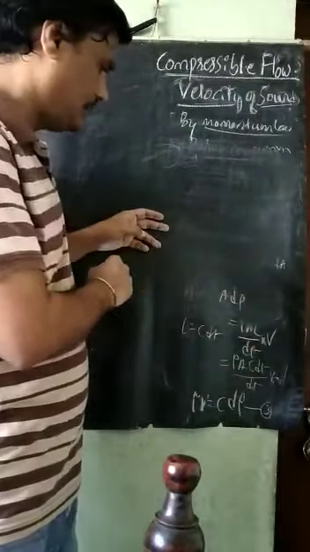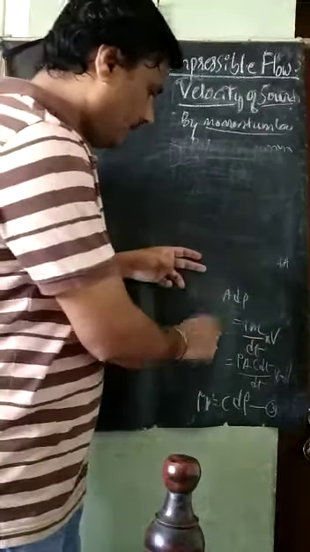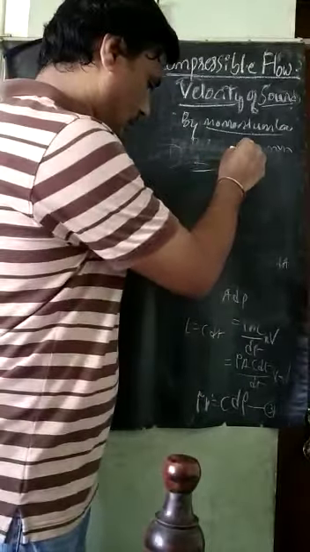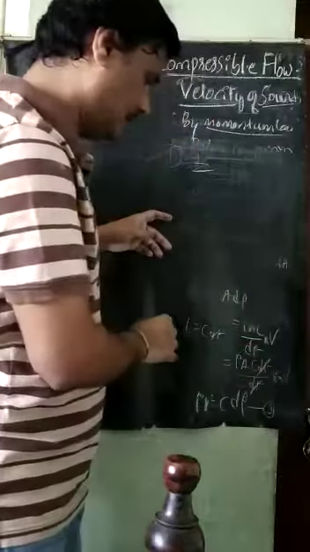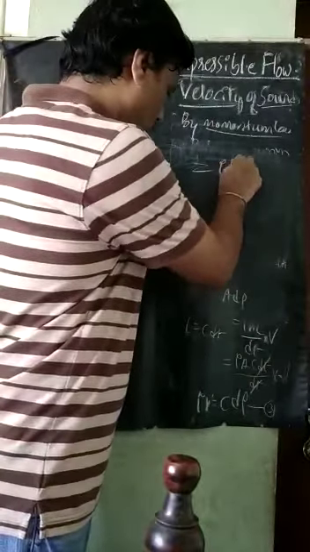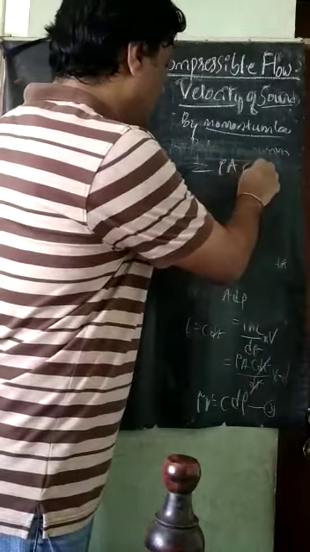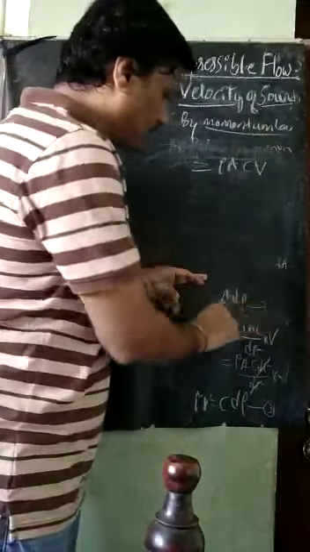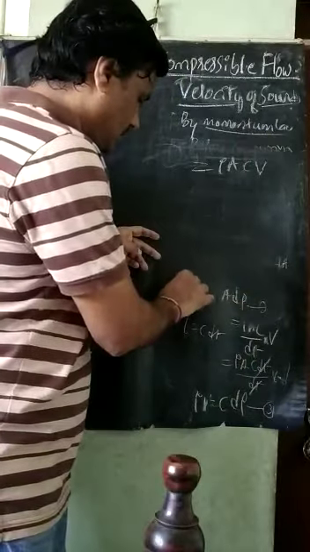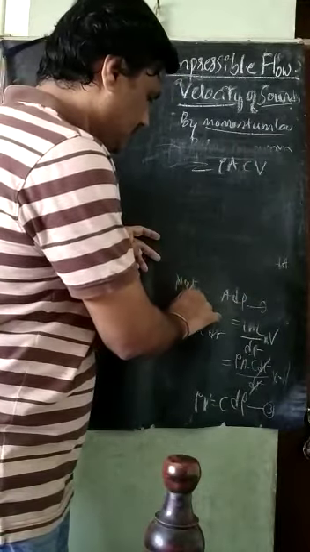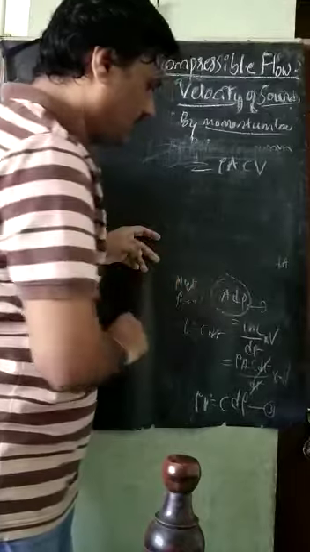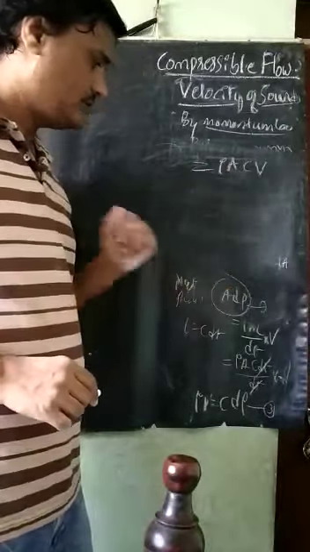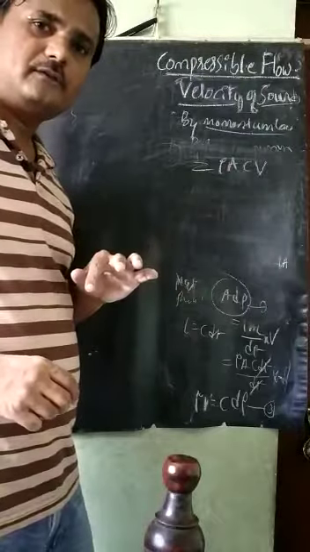So the mass flow rate, the dt gets cancelled, and it is rho A C into V. We have already derived the net pressure force, but this is also a force. Both are the same.